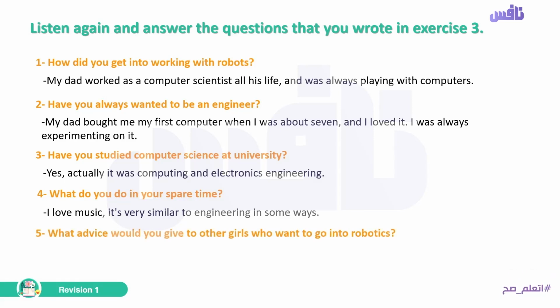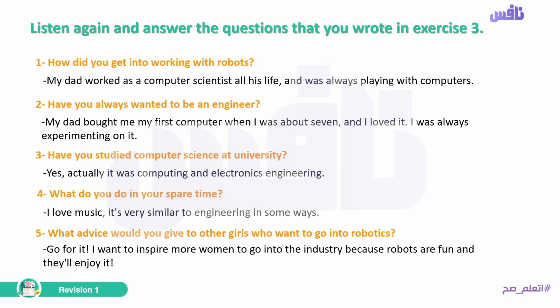Number 5: what advice would you give to other girls who want to go into robotics? Go for it! I want to inspire more women to go into the industry because robots are fun and they'll enjoy it. And now, dear students, we're going to shift to the text.